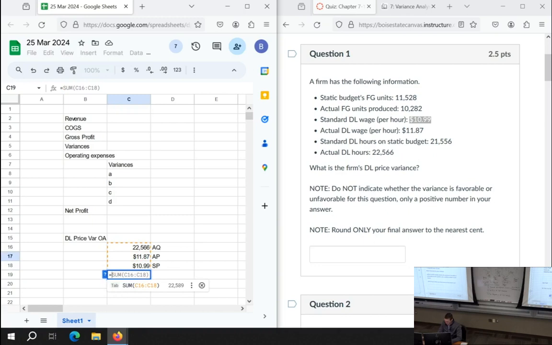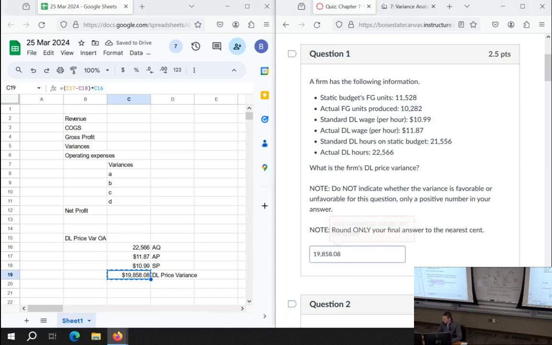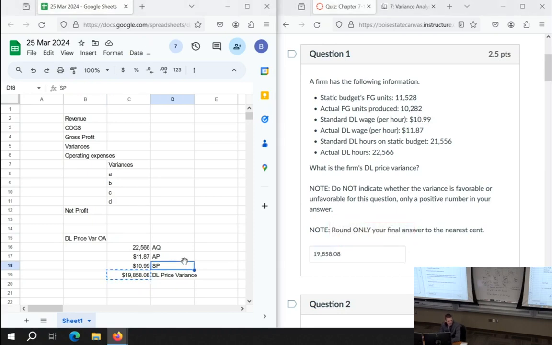So I'm going to do this 100 times. I have to back up and get the parentheses going. AP minus SP, all times AQ. That should be our direct labor price variance. Oh, we've got to get rid of the dollar sign. So we're going to follow the equations.